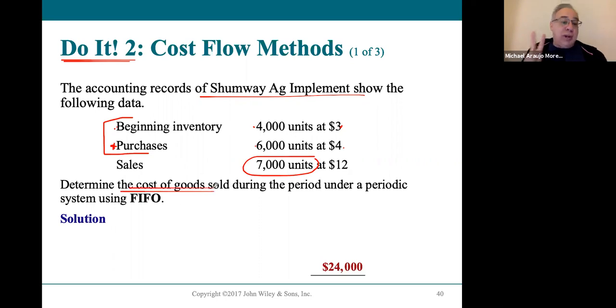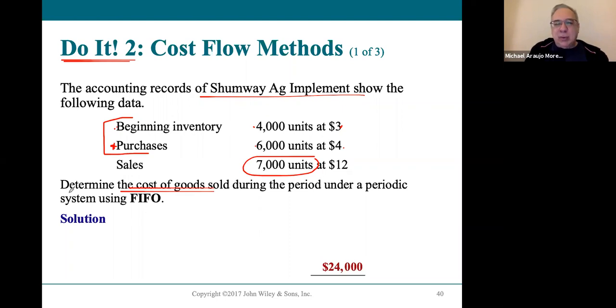There's actually only two questions you can answer with these cost flow methods. Either the value of the ending inventory, which you saw displayed in those slides, or the cost of goods sold, which you also saw displayed. Often on a homework question they're going to ask you for one or the other, so pay attention.